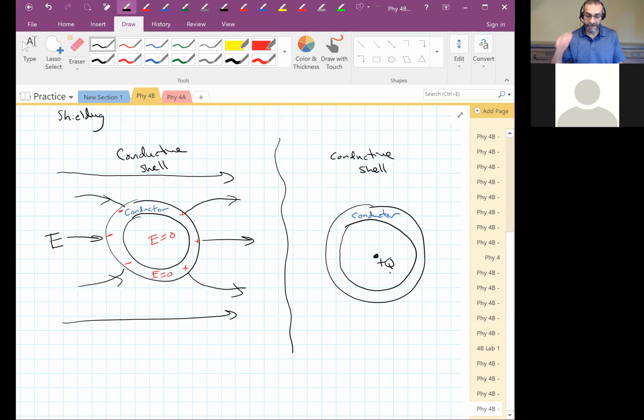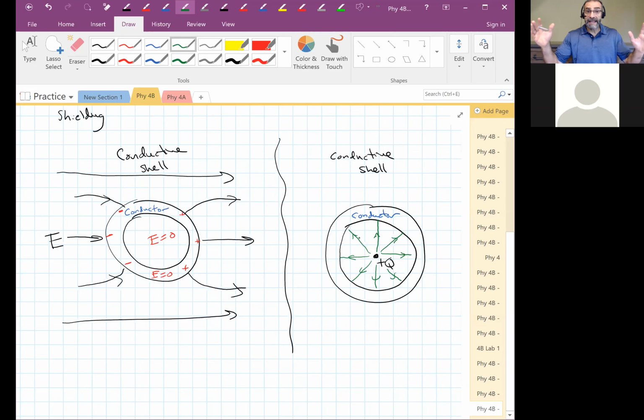It's fixed in place. It's going to fill the space around it with an electric field.